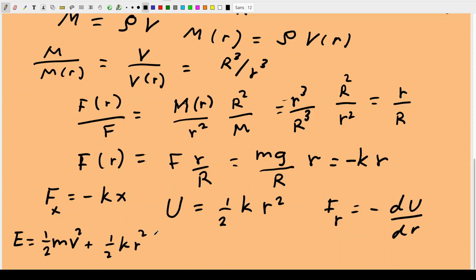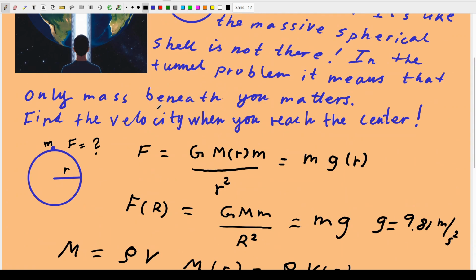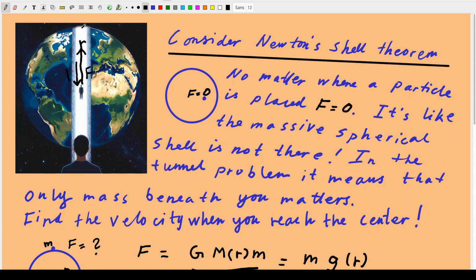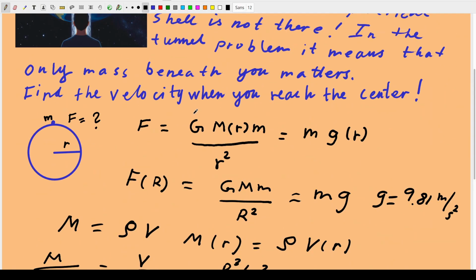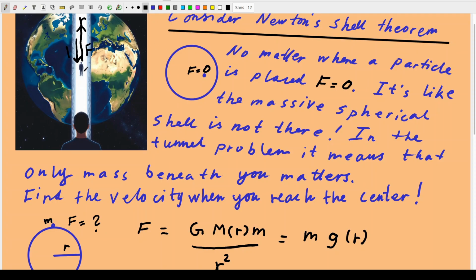And the energy from the start, then we start with velocity 0, and we start at the Earth radius, r equals Earth radius capital R. So then we have 0 plus 1/2 k R squared equals, and in the center of the Earth, r equals 0, but we do have kinetic energy.